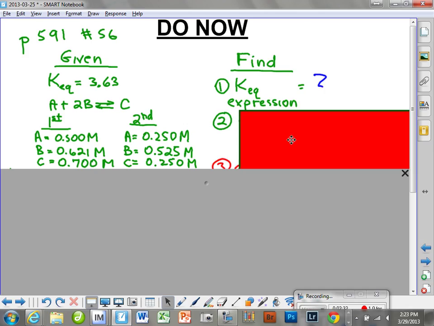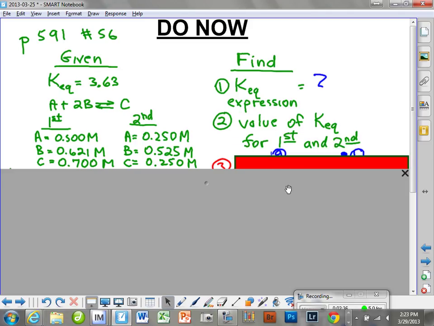We've got to find the equilibrium expression, so we know what that means now. And right here, we're supposed to find the value of K of equilibrium for the first and the second set of conditions. Now look at these. They're all over the place. They have no seeming relationship to this at all.